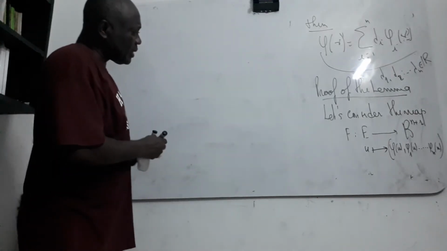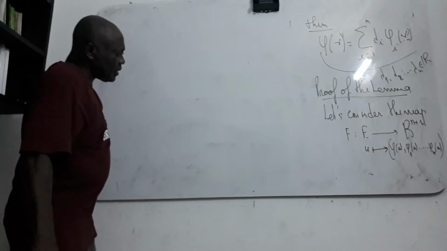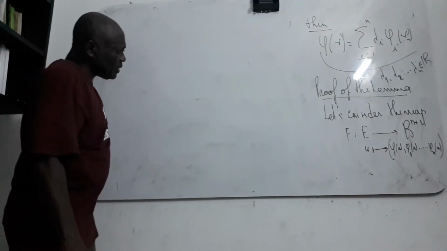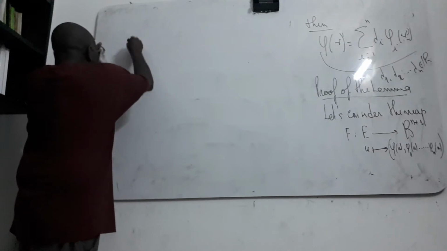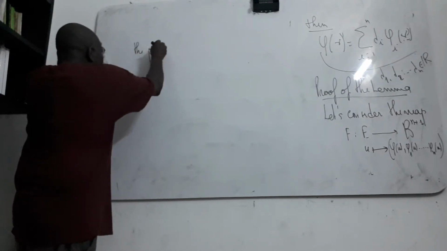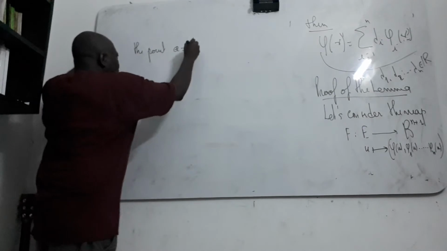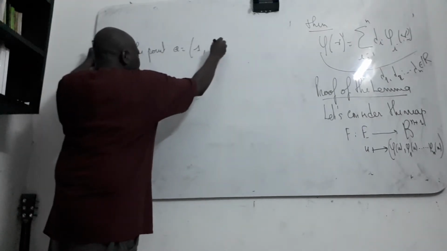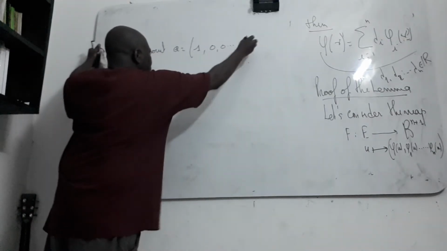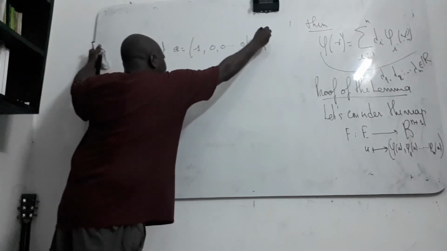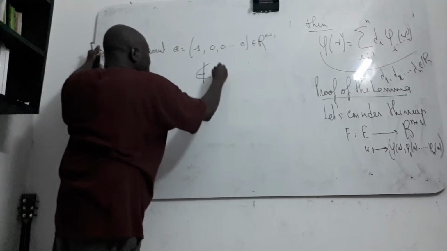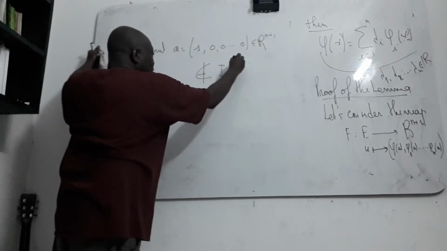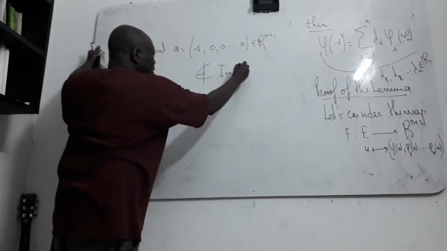So you see that this one is an element of this one, and the point A with the coordinates 0, 0, 0, which is an element of R^(n+1), is not an element of the image of the function f.